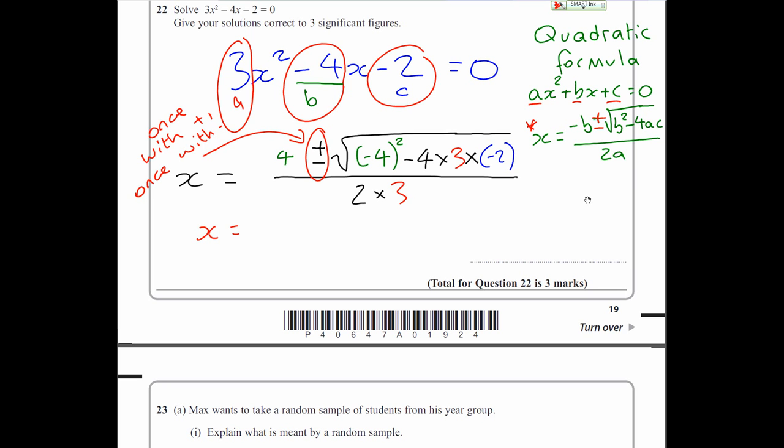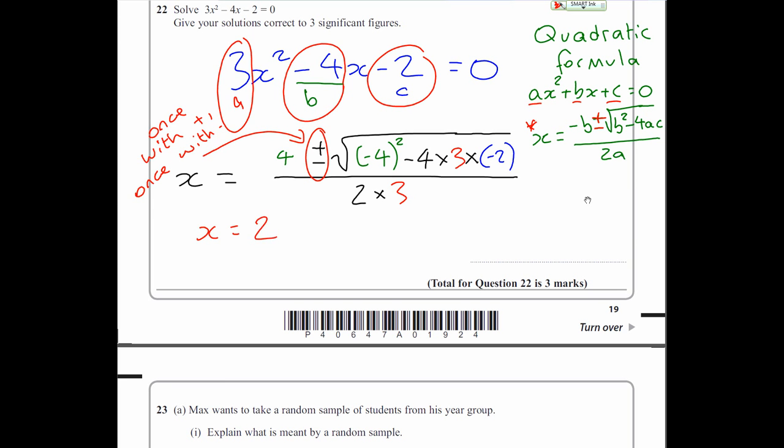Okay, so 4 plus the square root of minus 4 squared, which is 16. Take away 4 times 3 times in brackets minus 2. And that's all divided by 2 times 3, which is 6.